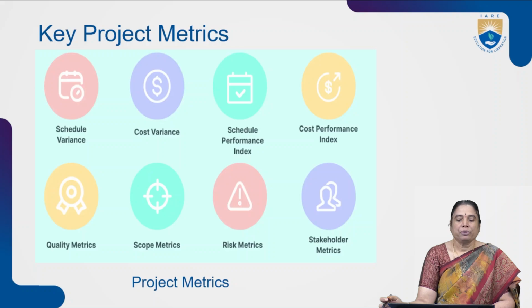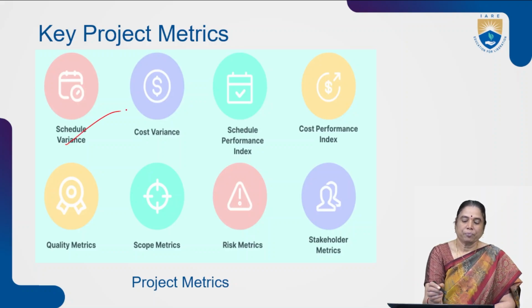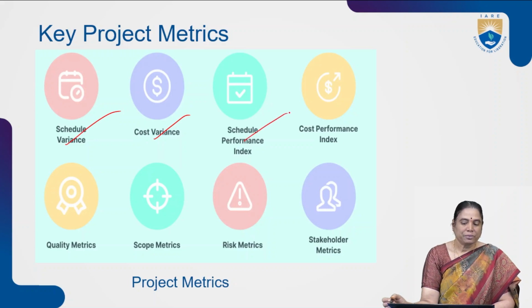The key project metrics generally involve schedule variance, cost variance, schedule performance index, cost performance index, quality metrics, as well as scope metrics, risk metrics, and stakeholder metrics.